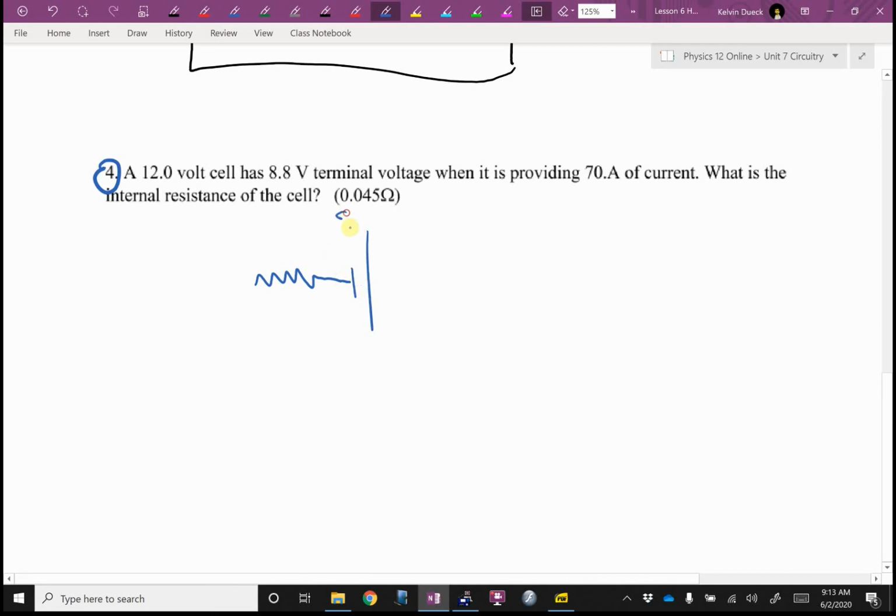Here is my 12 volts. There's an external resistor right there. It's telling me that the terminal voltage is 8.8.